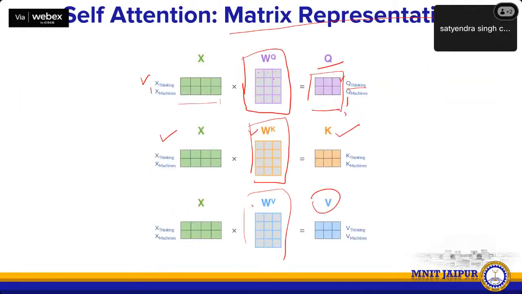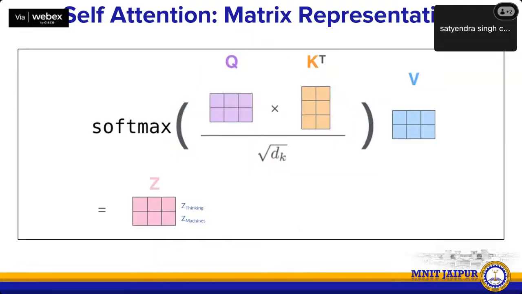So using matrices, you can perform those operations in parallel. That's the idea, an alternative approach to calculating the attention mechanism.